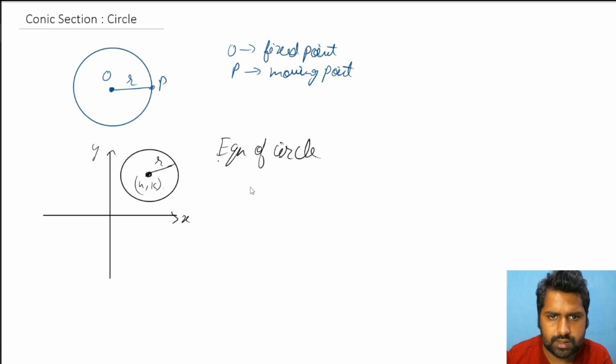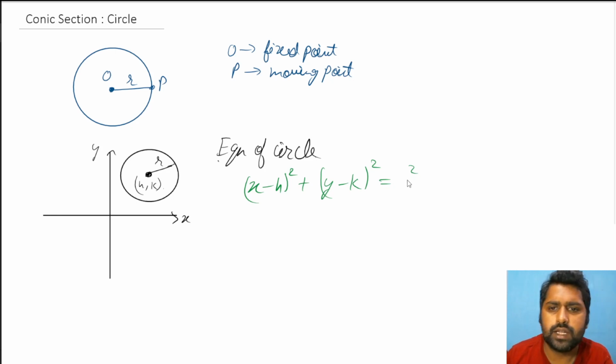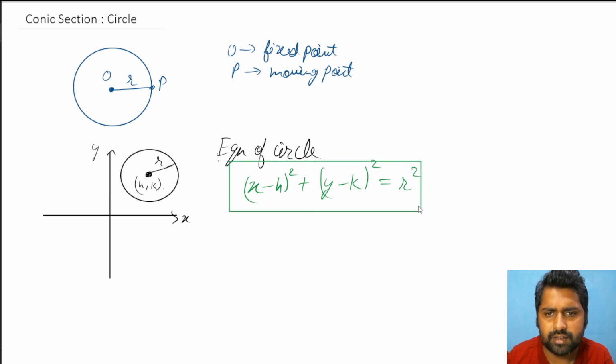The equation is x minus h whole square plus y minus k whole square is equal to r square. The values of h, k and radius r will be given to us. This is the general equation of a circle with any center being anywhere.